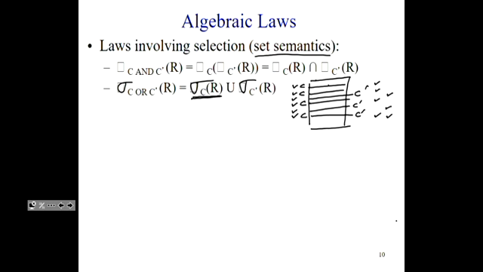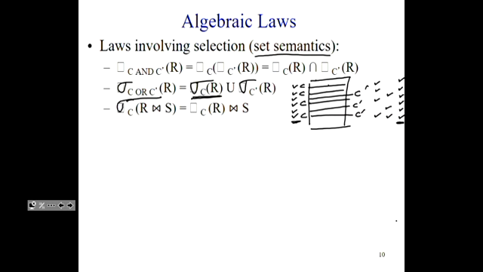Since I'm doing set union, what I'm essentially going to get is this and this, which is the same set of tuples as I would have got had I done the left-hand side expression. Okay? Any questions about this?